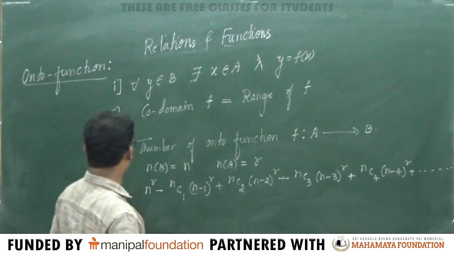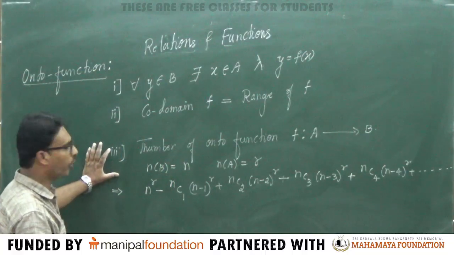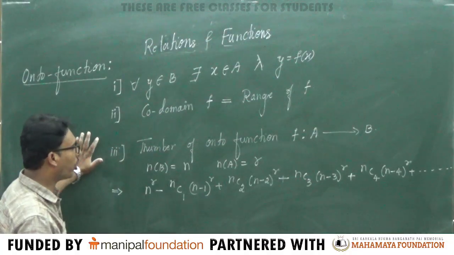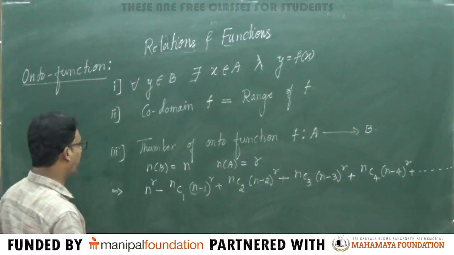So this is the formula to find the number of onto functions when the codomain set contains n elements and the domain set contains r elements.